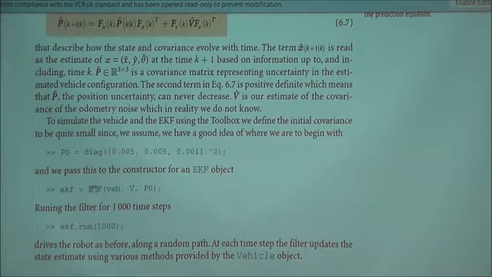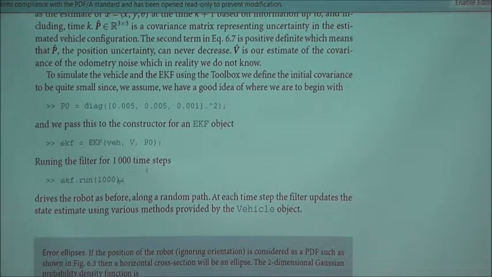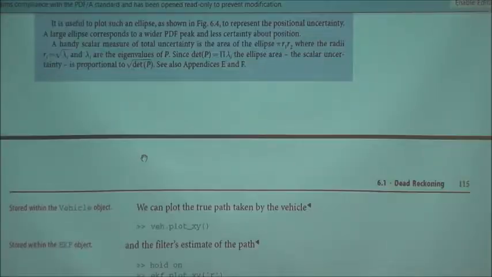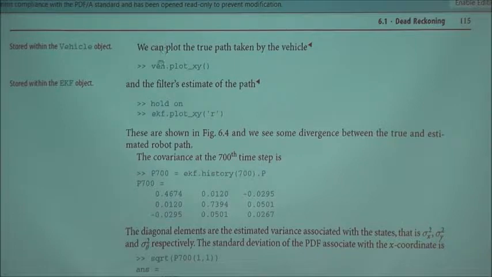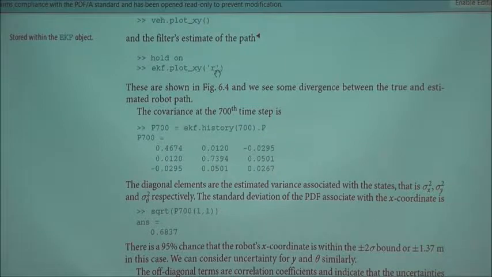So then you use extended Kalman filtering using the vehicle dynamics, the assumed V and the assumed initial pose. And then you run the filter for, let's say, 1,000 time steps, going from the initial position, origin, to the destination. And the way you do that, you go and plot it, equation 6.4, you hold the plot, and you keep running it.